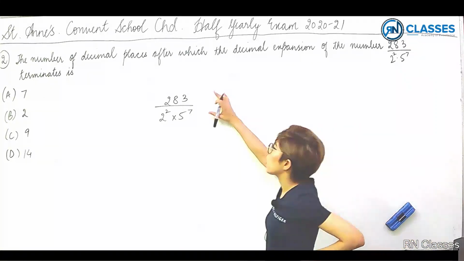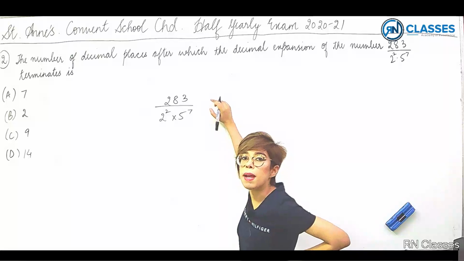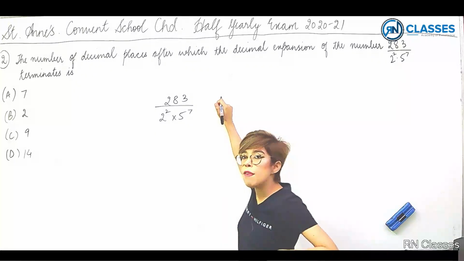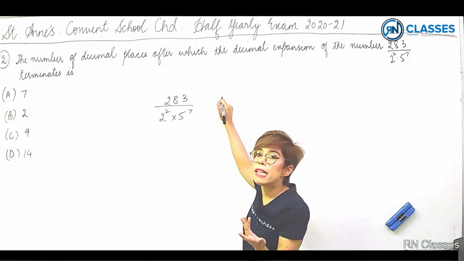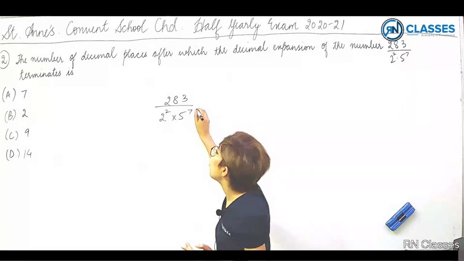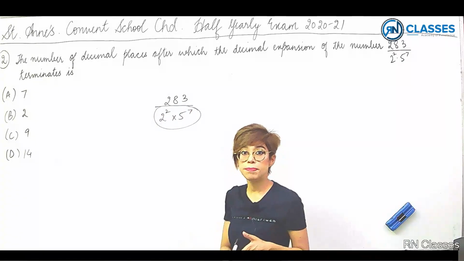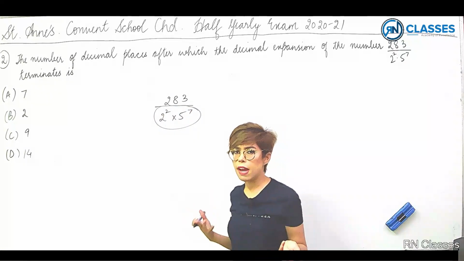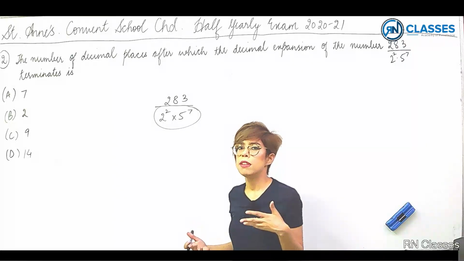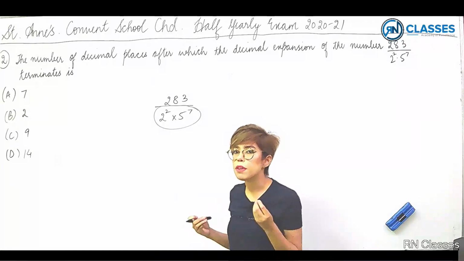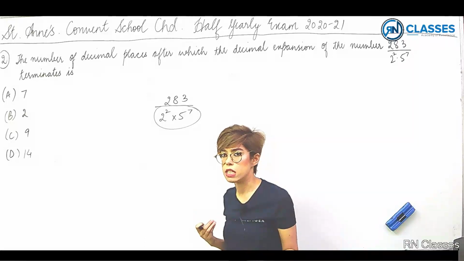Now, I want to check after how many places will the expansion terminate. So, if I want the expansion to terminate, that means I want factors of 10 in the denominator, right? So, how many factors of 10 can I have? That means I need to see how many pairs of 2 and 5 can I get.